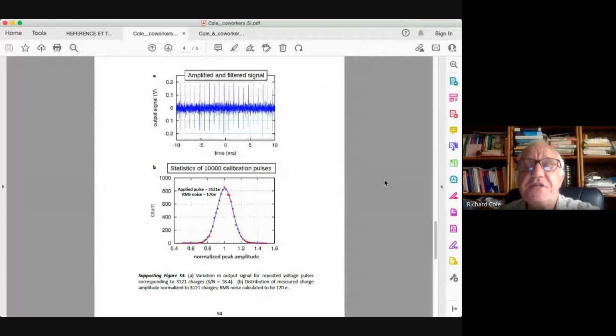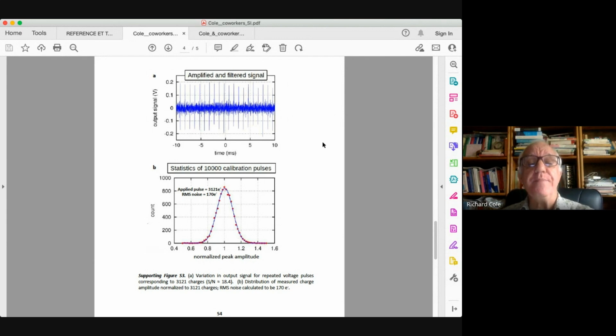Okay, so since we're talking about that noise evaluation, I just want to give you some more detail on that right here. What we've got here is a means of estimating our electronic noise in our system, which really is pretty constant.